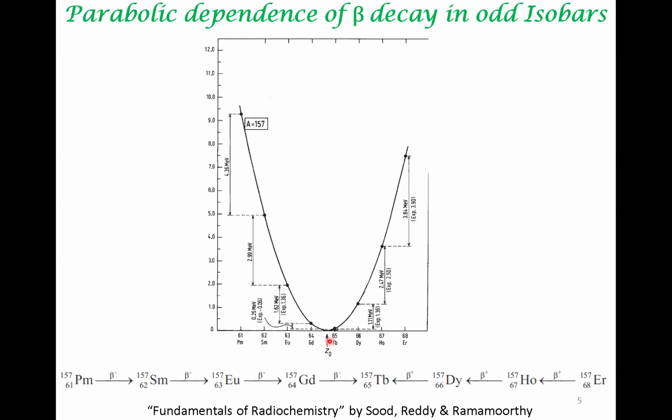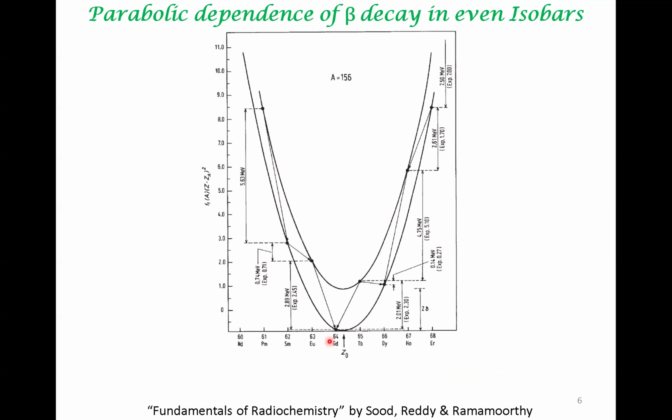You can consider another scenario wherein you have an even isobar. Here the atomic weight is 156. In this case, you can have an even atomic weight in two ways. One is the even configuration, that is, an even number of neutrons and an even number of protons, or the odd configuration, that is, an odd number of neutrons and an odd number of protons.